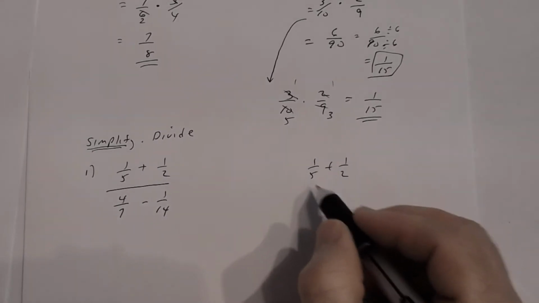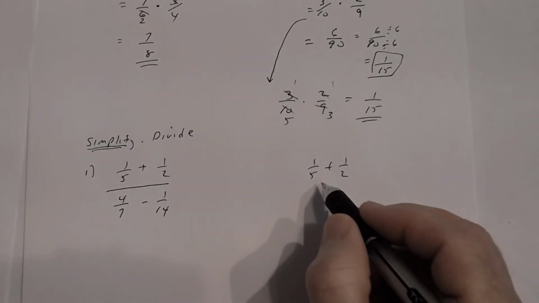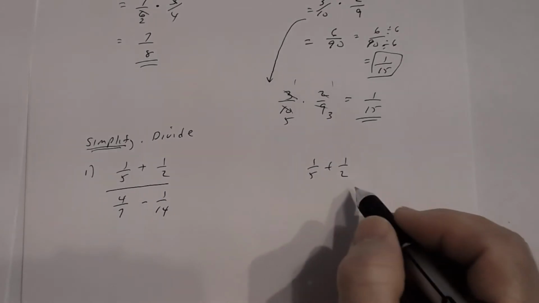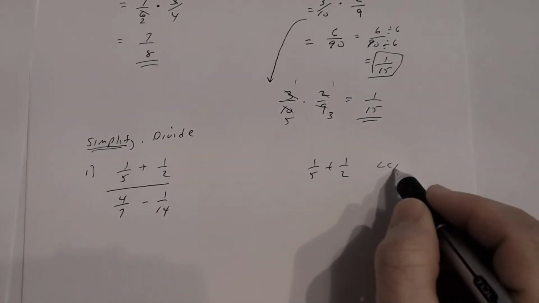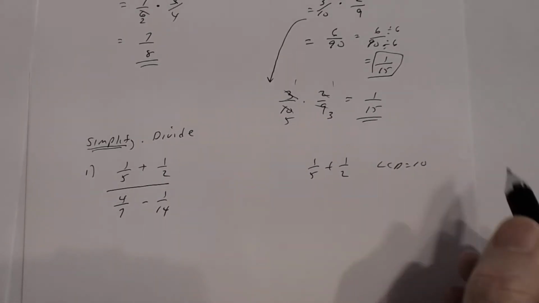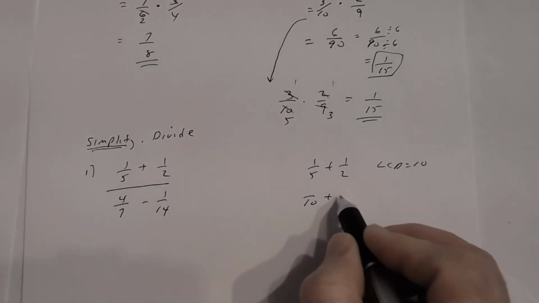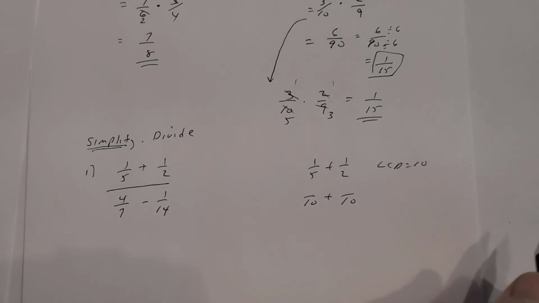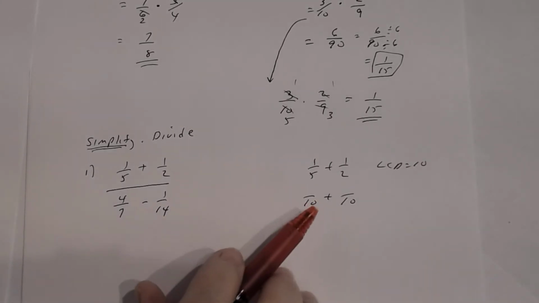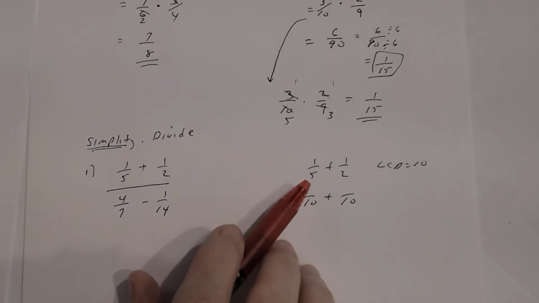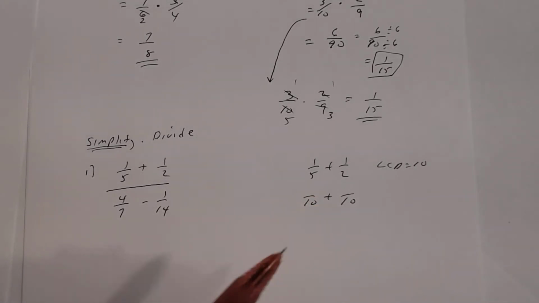So what you want to do is add those two fractions as one fraction. So you got to find the LCD. The least common denominator is 10. And so I'm going to write equivalent fractions, two fractions with a denominator of 10. That should look familiar. We dealt with this in previous sections with variables.